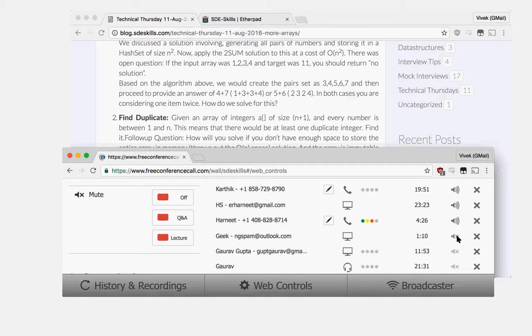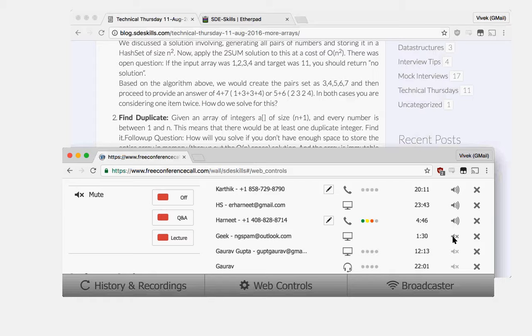Yeah, Harneet, go ahead. Another variation to what this guy suggested is, why don't we maintain buckets in the memory? Suppose we have 10 ranges in the memory, and we just store the count.